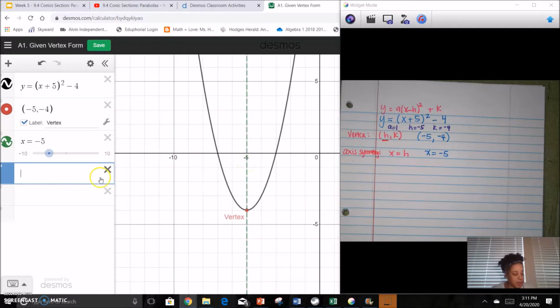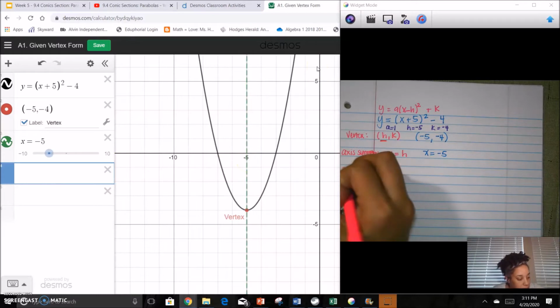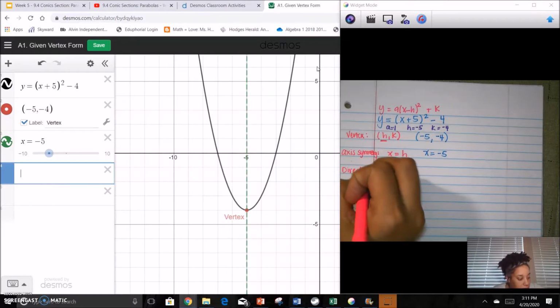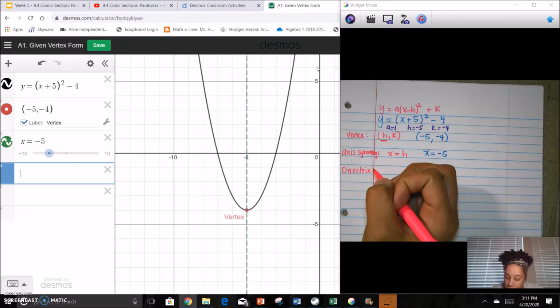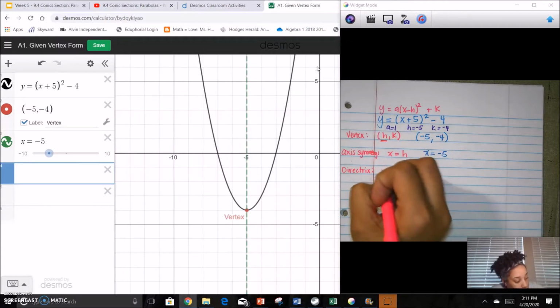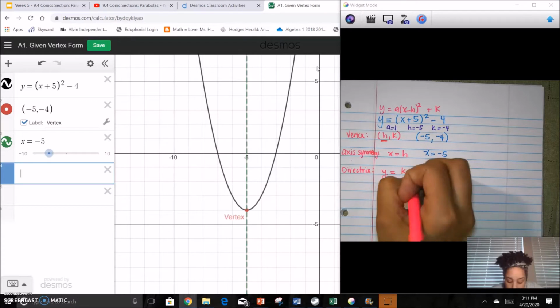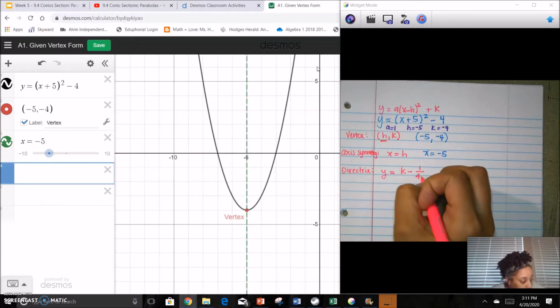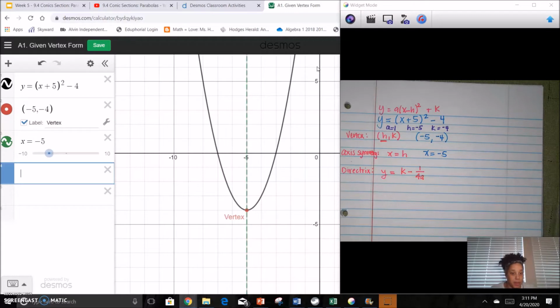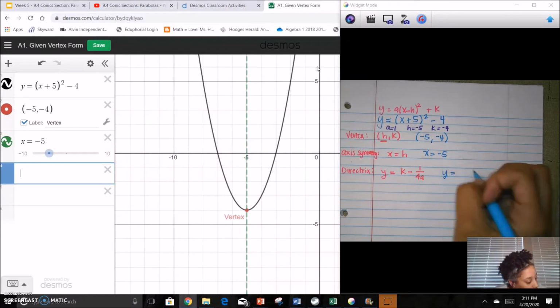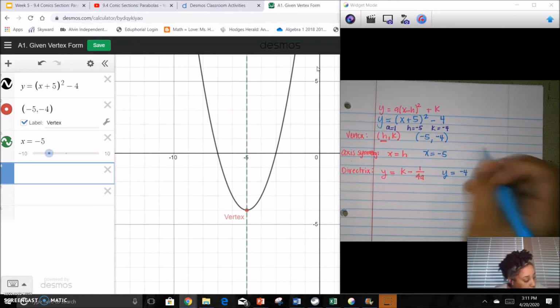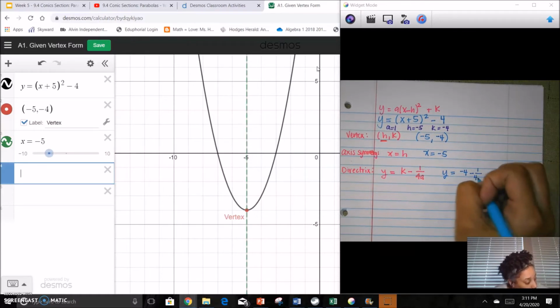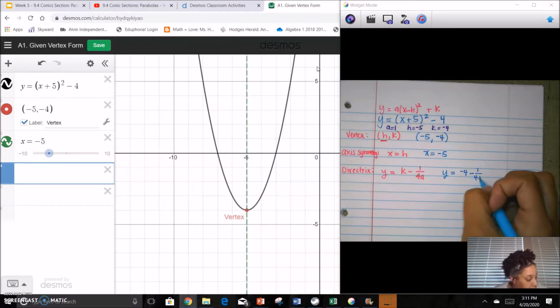All right, directrix. On the formula sheet, the formula for the directrix is y equals k minus 1 divided by 4a. So y equals k, which is -4, minus 1 over 4 times a, which is 1, so 4.